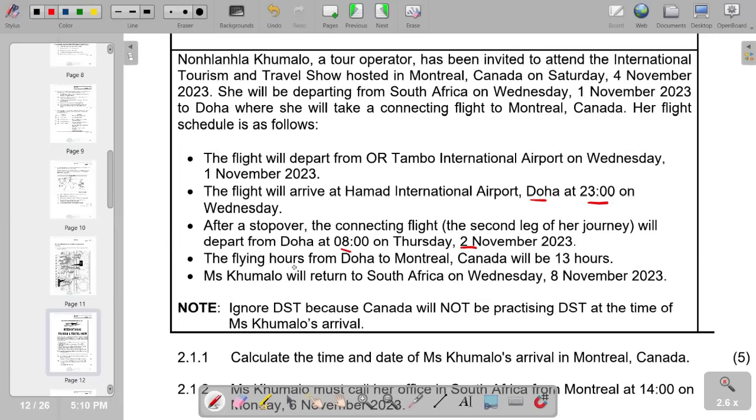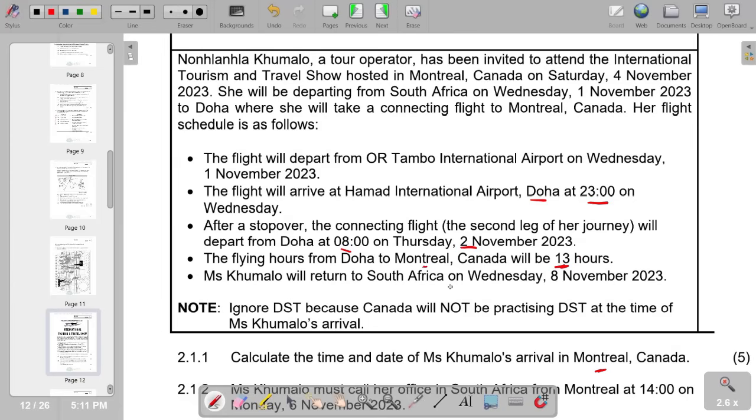And then the flight hours from Doha to Montreal, Canada will be 13 hours. So that is now to Montreal. So the question is asking us arrival in Montreal. So from Doha to Montreal is 13 hours, but it's going to leave Doha at 0800.